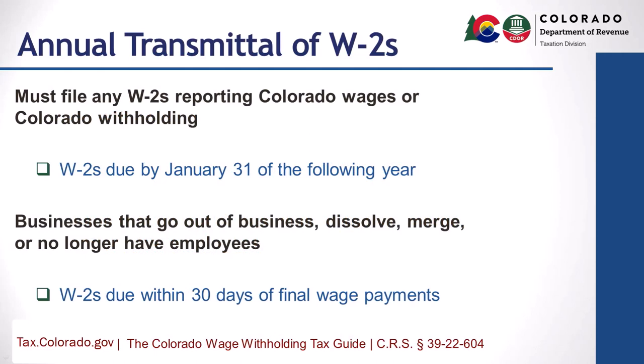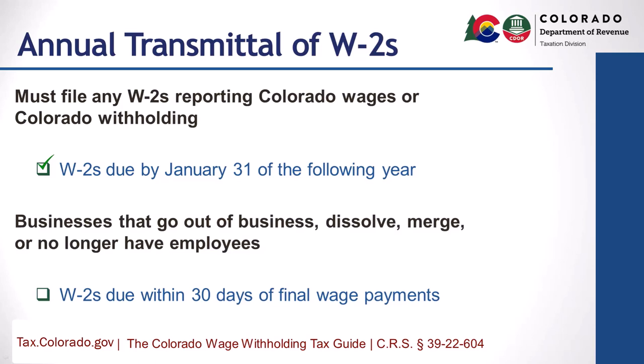Every employer, regardless of the filing frequency, is required to prepare a W-2 for each employee, and the employer must provide a copy of the W-2 to both the employee and the Colorado Department of Revenue by January 31st of the following year. If the 31st falls on a Saturday, Sunday, or holiday, then the due date is pushed to the next business day.